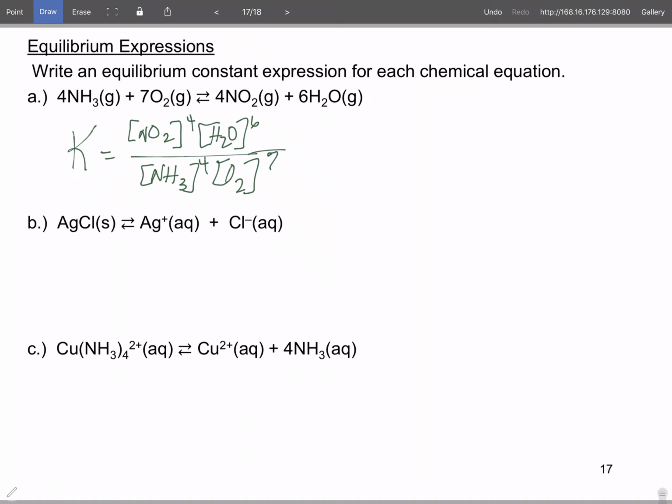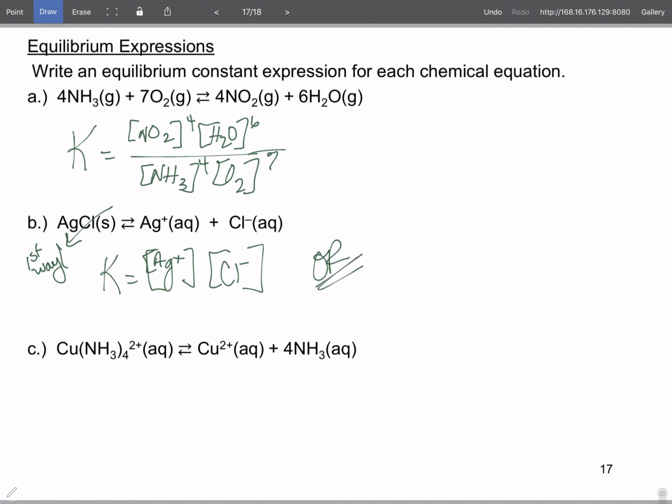Now, on this one, there are 2 ways to do this, and I've seen people do it both ways. So the first way is people look at the equation and go, wait a minute, that's a solid, so it's going to drop out. So your K is strictly silver times chloride. And no, you didn't need the bottom there. I was just kind of overzealous.